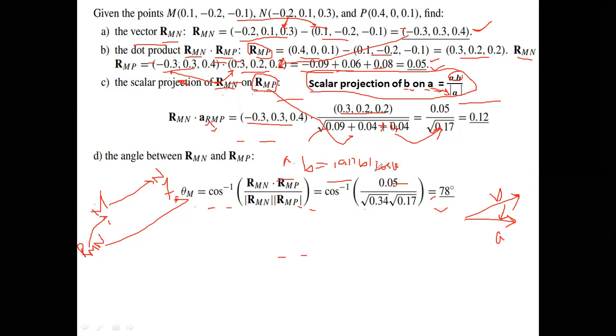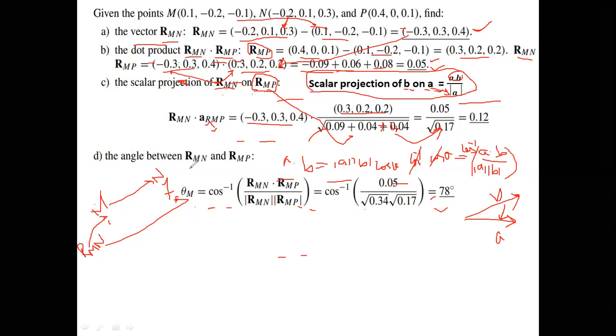If you want to find this theta, divide by the absolute of A and the absolute of B. The cos theta will be A dot B divided by the absolute of A into the absolute of B. And now for the theta, taking the inverse on both sides, applying cos inverse on both sides, cos inverse and cos will cancel out. So theta will be equal to cos inverse of this.